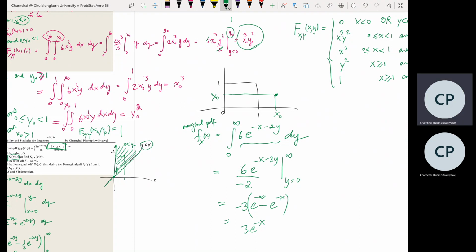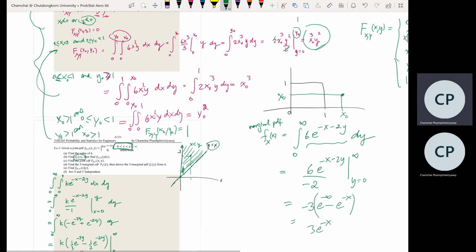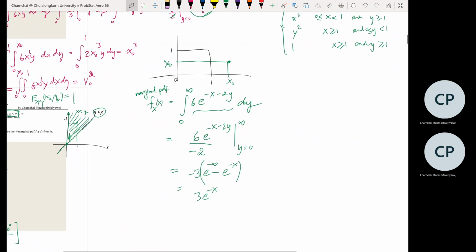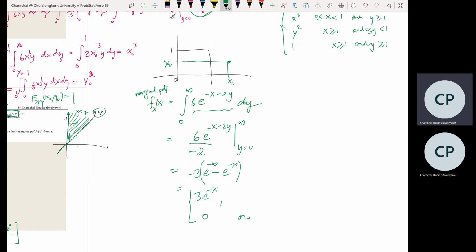Okay. For x between what? It's going to be 0 otherwise, but what's for x?